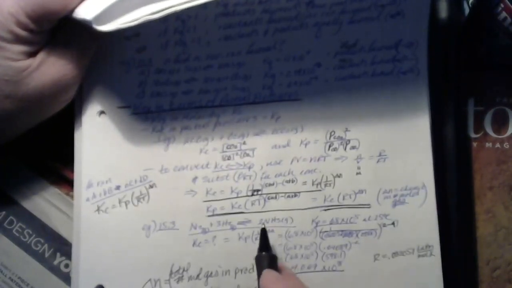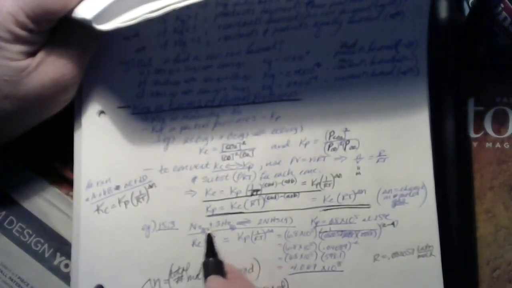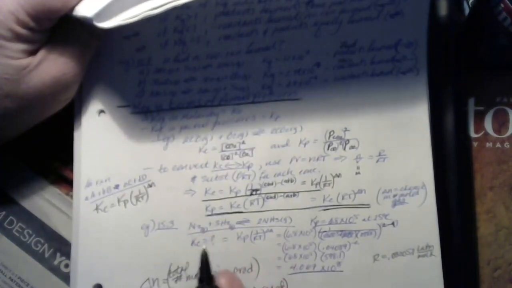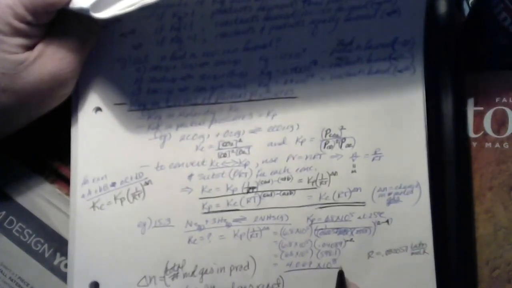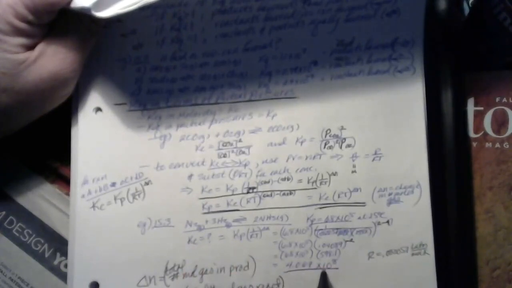And delta n will be number of moles of gas in the products minus number of moles of gas in the reactants. So 2 moles of gas in the product, and in the reactants, you've got 1 and 3 or 4 moles of gas. So delta n is 2 minus 4 or minus 2. All right, so when you work all of that out, you get 4.067 times 10 to the 8th. And that will be Kc.